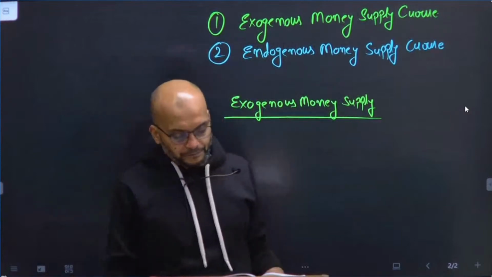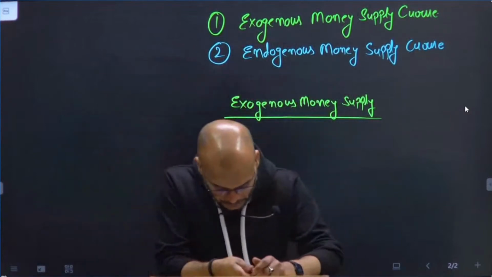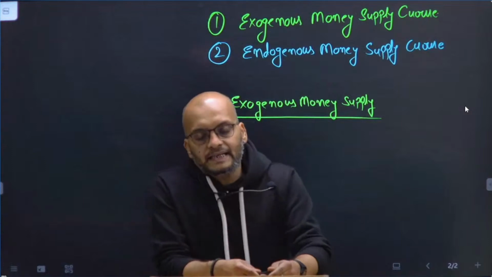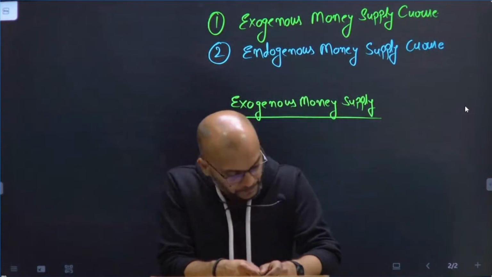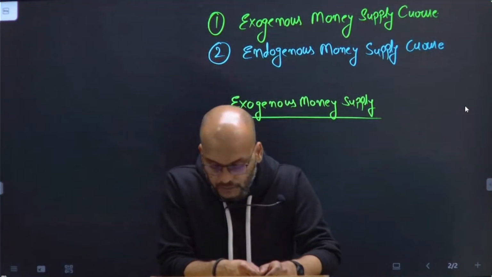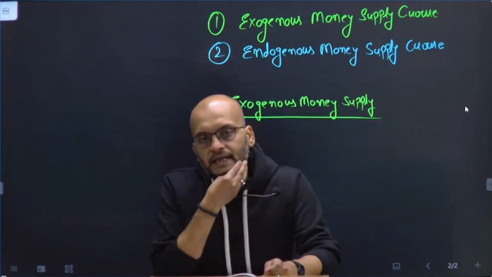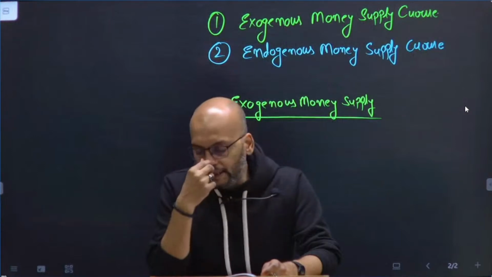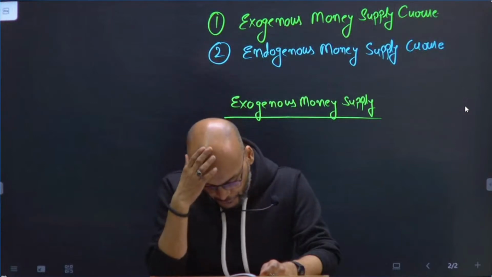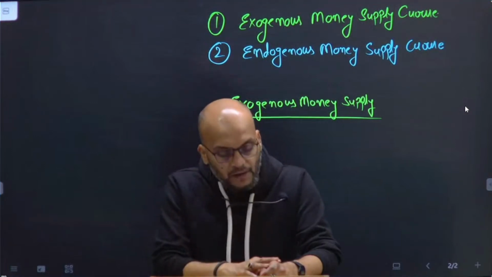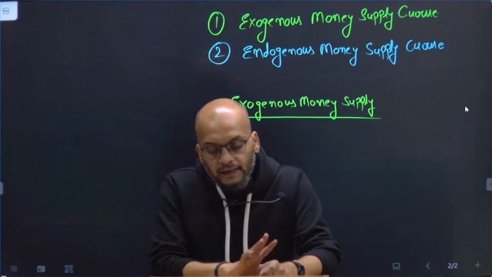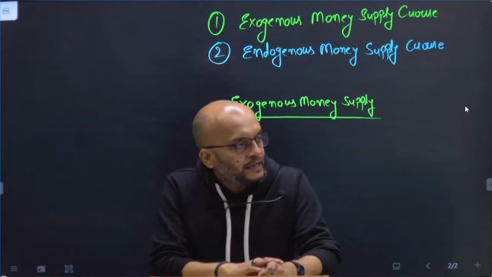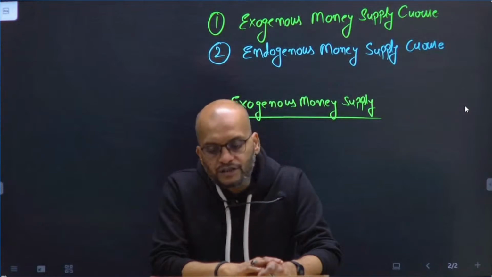So write down, when excess reserve ratio and currency to deposit ratio are constant.